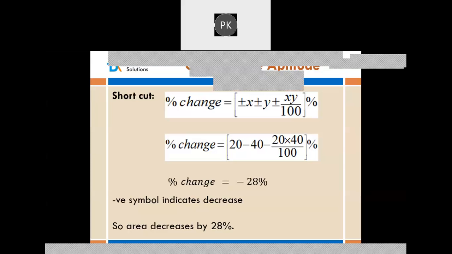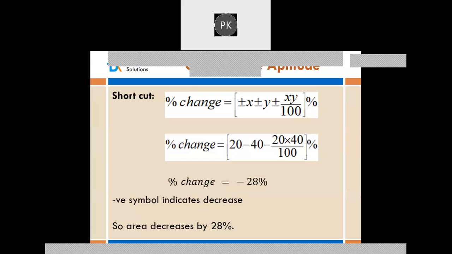A shopkeeper sells one brand TV at a profit of 40%, while on the other brand TV, he gets a loss of 40%.